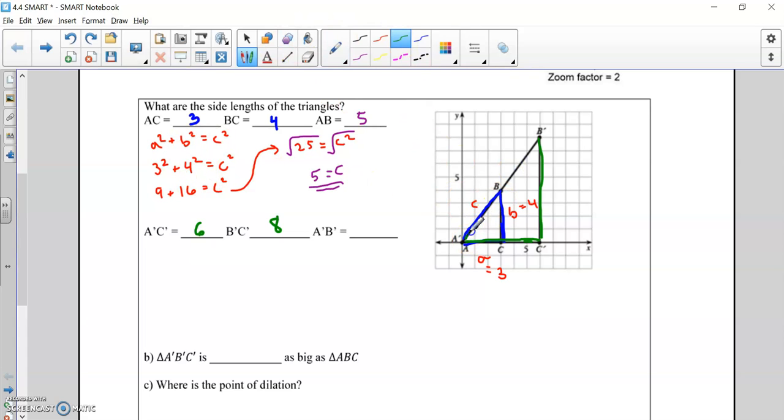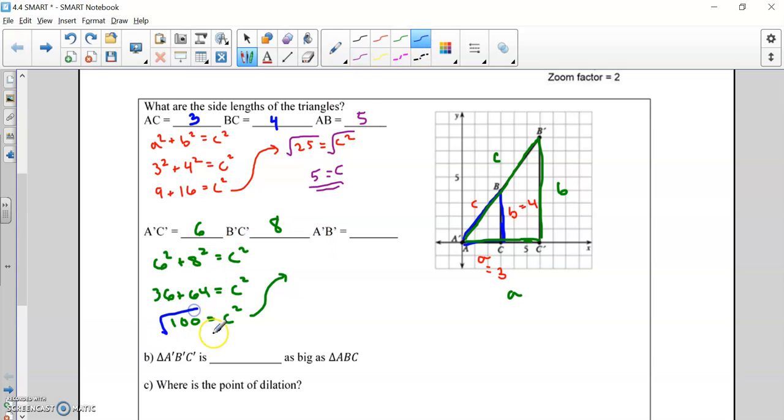We know that this side would be C, this side would be A, this side would be B. We definitely can set up our 6 squared plus 8 squared equals C squared process and solve that way. If we do that, we would get 36 plus 64 equals C squared. 100 equals C squared. We're just adding these together. And that tells us that C is going to have a length of 10.